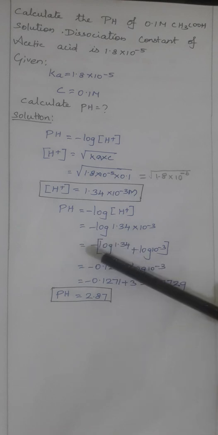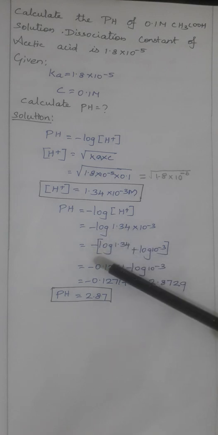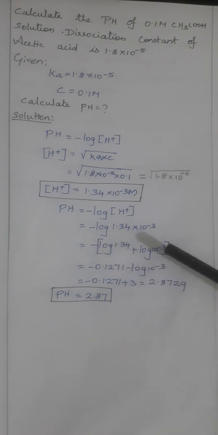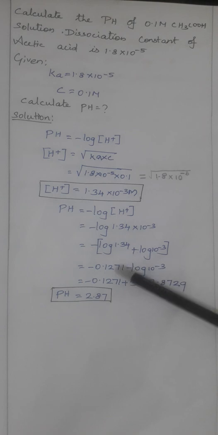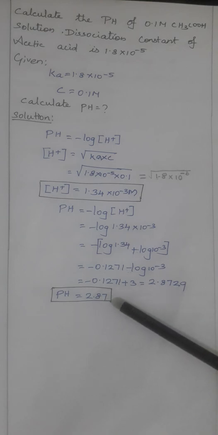The value of log of 1.34 is 0.1271. Log of 10 power minus 3 is minus 3, and minus into minus gives plus 3. So 3 minus 0.1271 is equal to 2.8729. What is the pH value? 2.87.